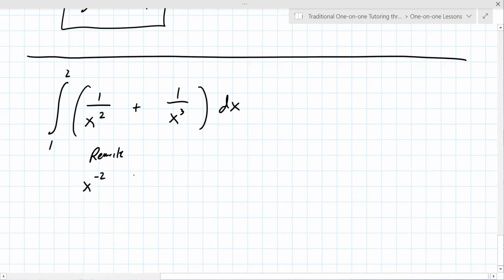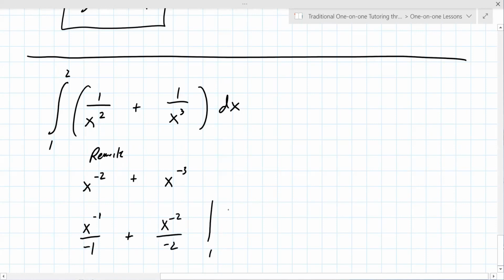This is x to the -2 plus x to the -3. So then it becomes x to the -1 over -1, plus x to the -2 over -2.